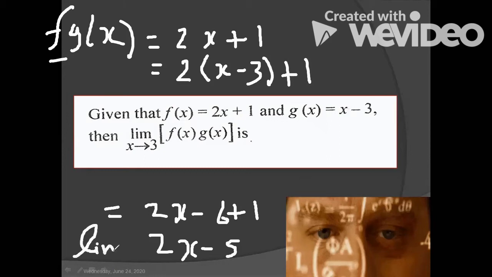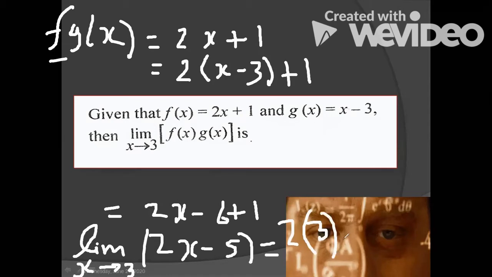So the limit as x tends to 3, meaning we're going to replace x with 3. So, alright, sorry Mr. Gentleman, but I have to go there. 2 times 3, subtract 5. The 2 3s is 6. 6 subtract 5. The answer is just 1.